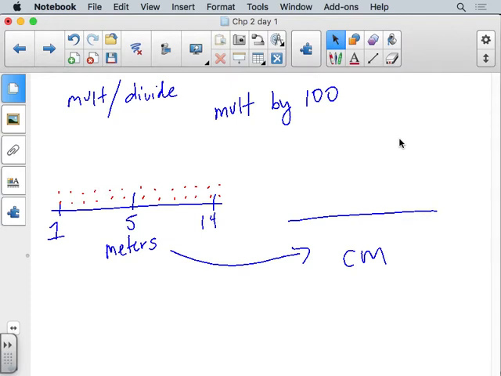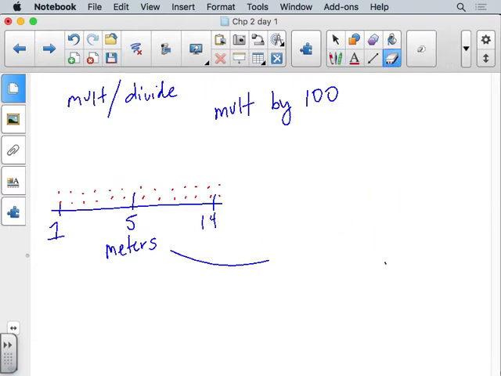So what that meant is I multiplied every single one of those values by 100. So now my lowest value is at 100 centimeters. My medium value is at 500 centimeters. And now my biggest value is at, well, I'm actually not graphing that quite right.